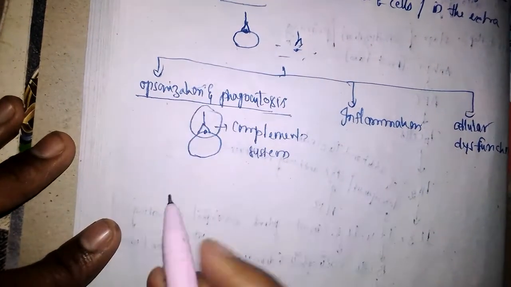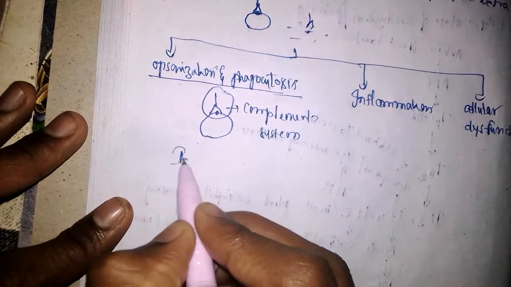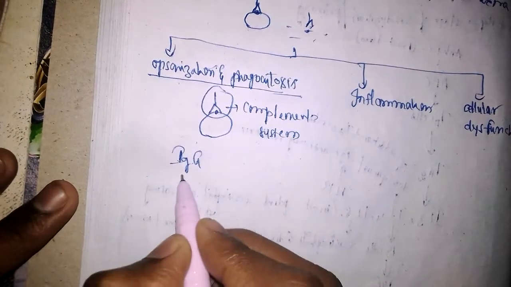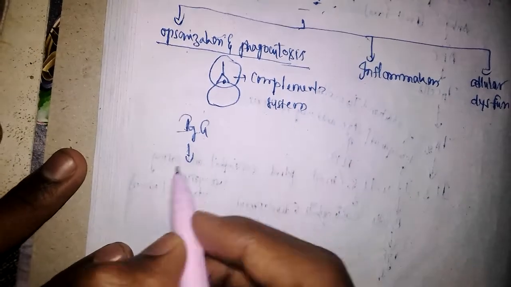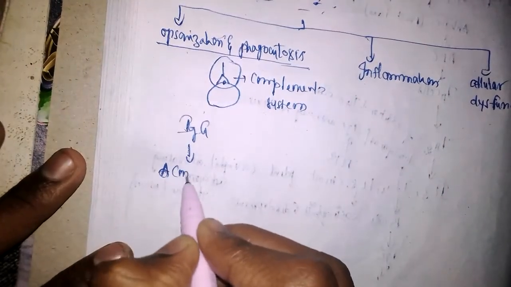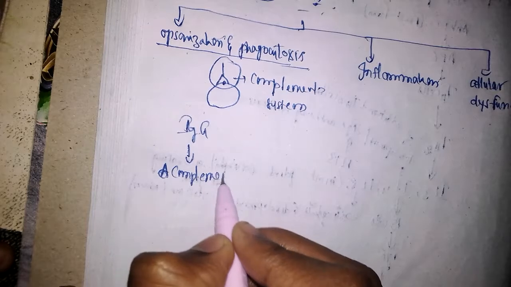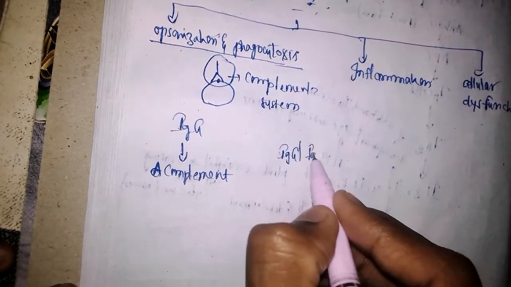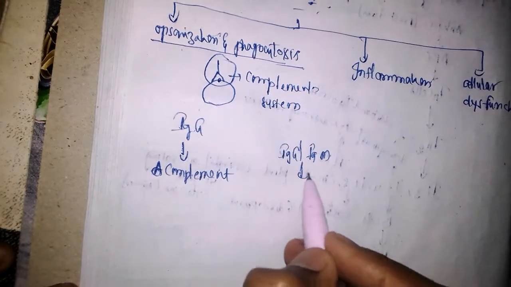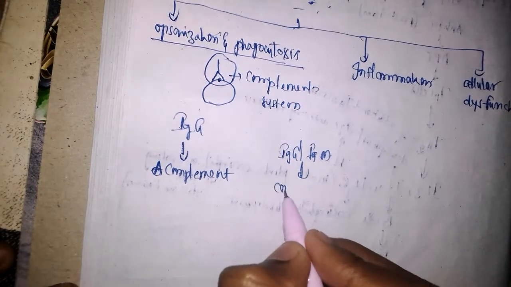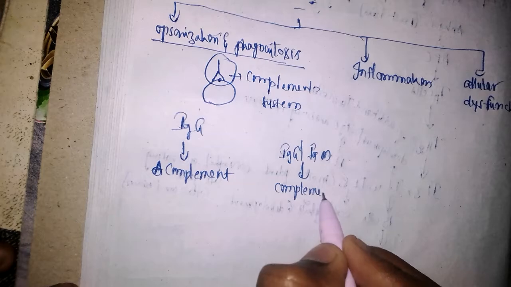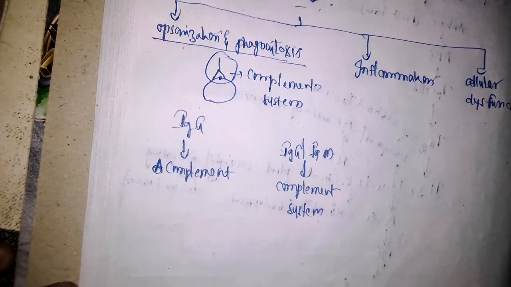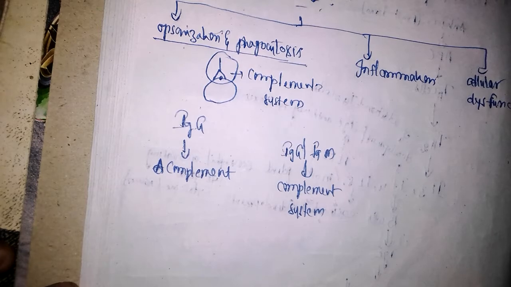Suppose these are IgG antibodies. These IgG or IgM antibodies will activate the complement system. What is happening here is the antibodies are activating the complement system.